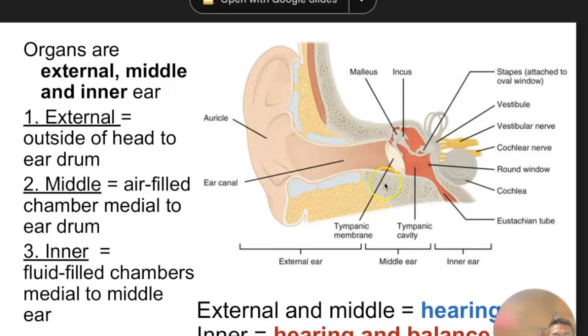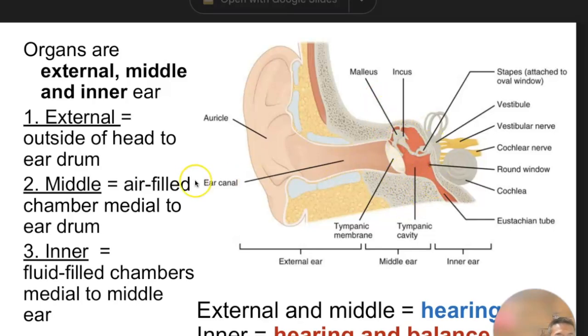Here's the skull. We remember when we studied the skull, the ear hole, the external auditory meatus. So here's the auricle, here is the ear canal. Up to this part is the external ear.